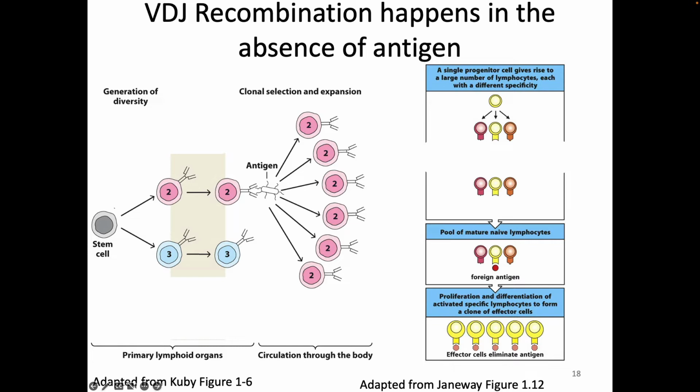We're just randomly picking V's, D's, and J's and putting them together in the hopes that we're going to make something useful. And so we make this big diversity, and then when those cells finally leave the bone marrow, then we'll see if the thing they made was useful, if it binds to a microbe that we ever encounter in our life. And you can see that on the right as well.